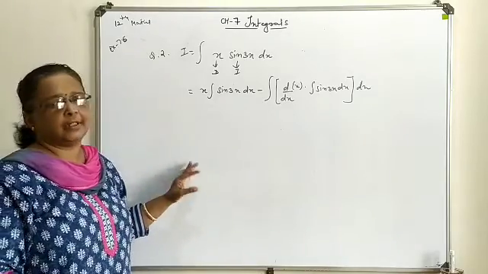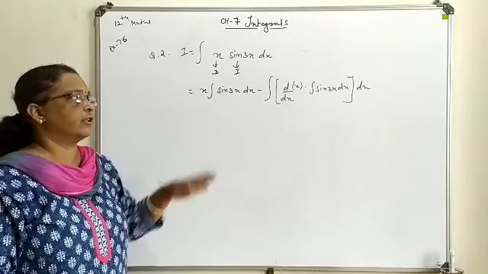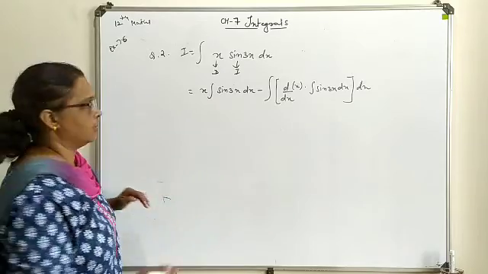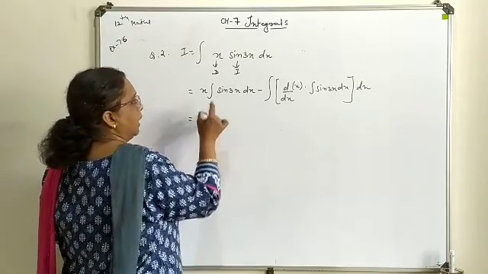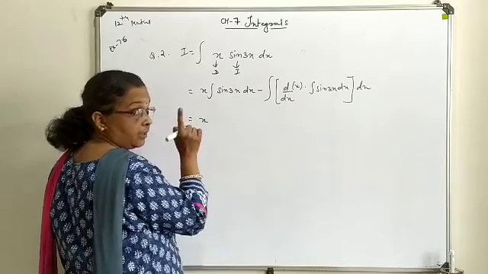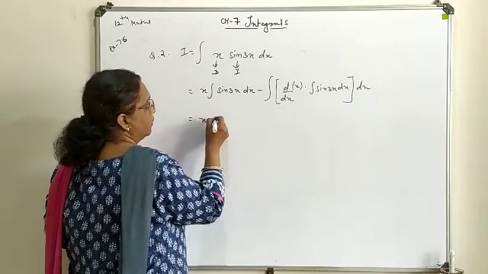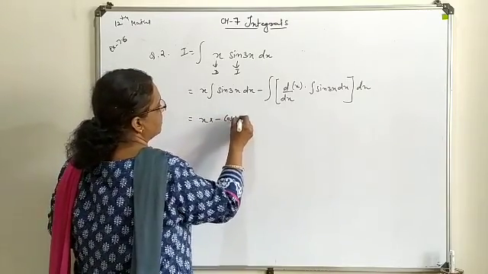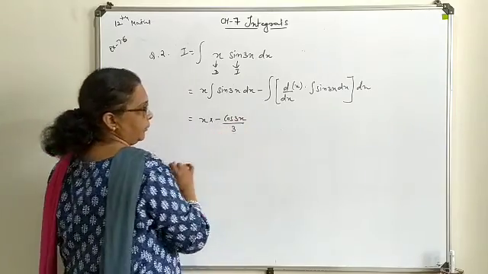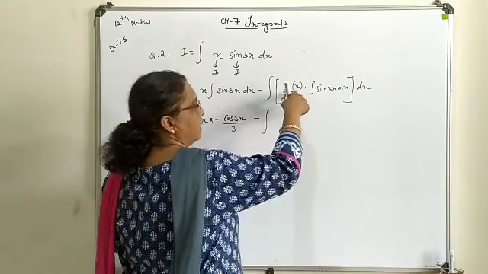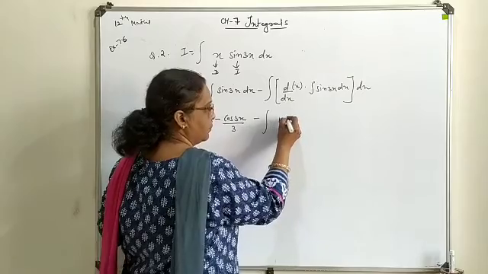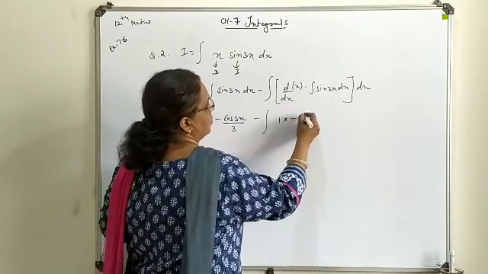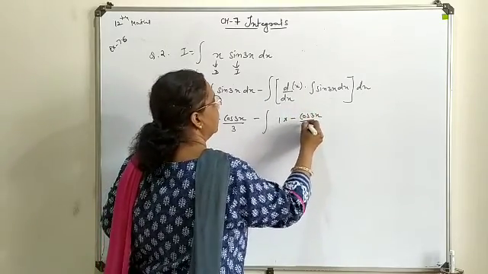Now where integration sign is written, write the integration. Where differentiation sign is written, write differentiation. So what will you have here? Integration of sine 3x, integration I told. So here it will be minus cos of 3x upon 3. Here differentiation of x is 1. Integration is minus cos of 3x upon 3.